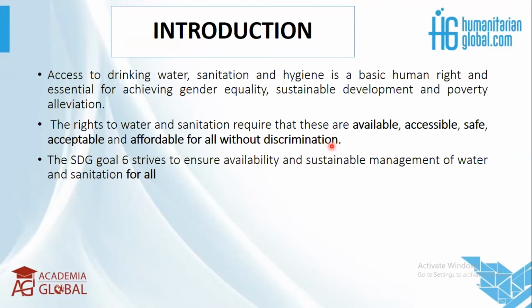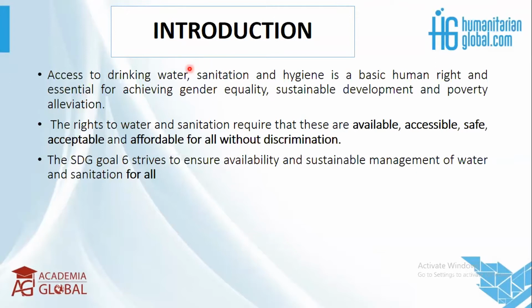If you look at SDG 6, it talks about availability and sustainable management of water and sanitation for all. For all means it's for everyone, inclusive of every individual, despite their social status or where they are born. Achieving SDG 6 is about ensuring that all individuals are able to have availability of these services.